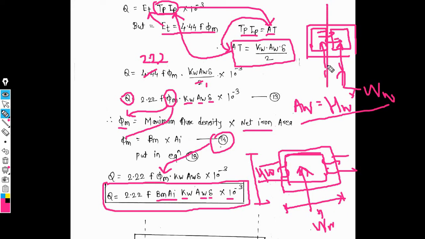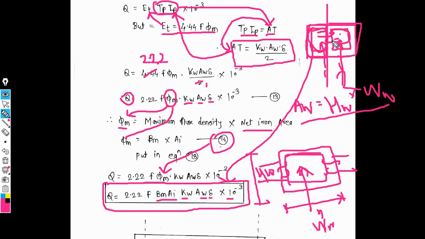We have taken half section because this section is always the same as that section, because this is one window and two window. Then the one window equation is Q is equal to 2.22 F Bm into AI kW sigma into 10 raised to minus 3, because this is the one window equation of the single phase shell type transformer, and this equation is also the same for the second window.